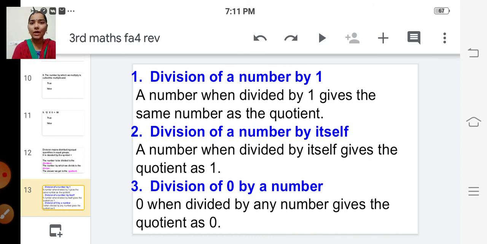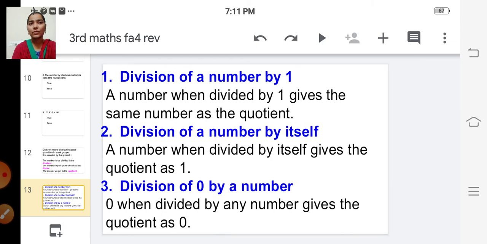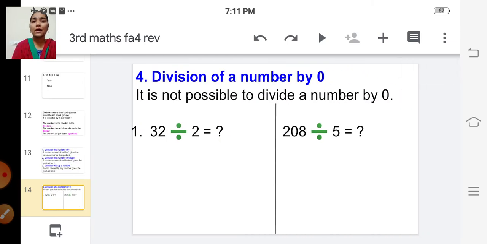Fourth property, division of a number by 0. It is not possible to divide a number by 0. So we cannot divide any number by 0. These are all the properties of division.